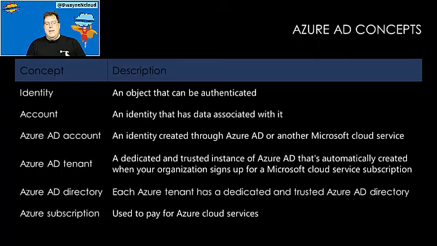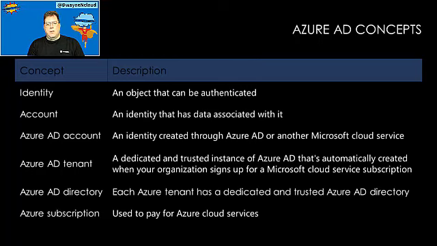And then our AD account is what's created based on the Azure Active Directory or another Microsoft cloud service like Microsoft 365. We have our tenant, which is the domain and trusted instance that is being utilized within the infrastructure.